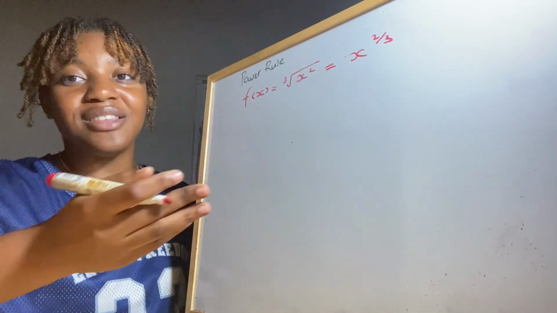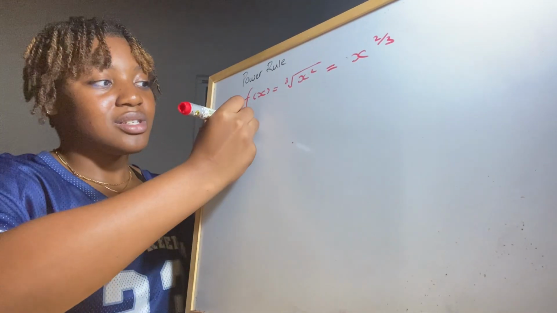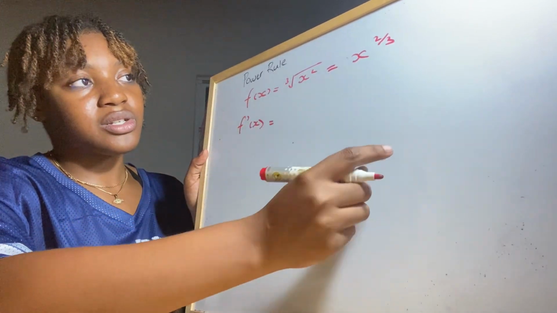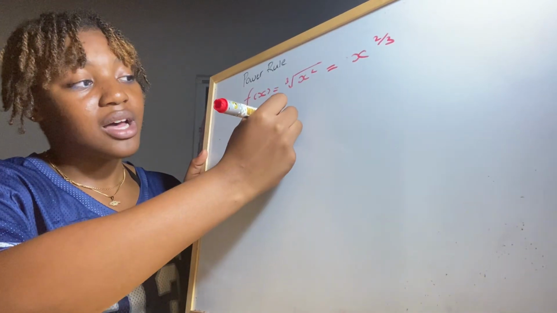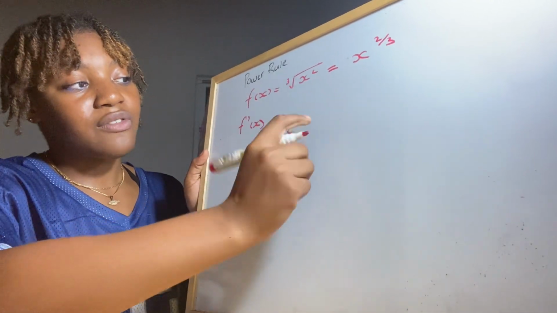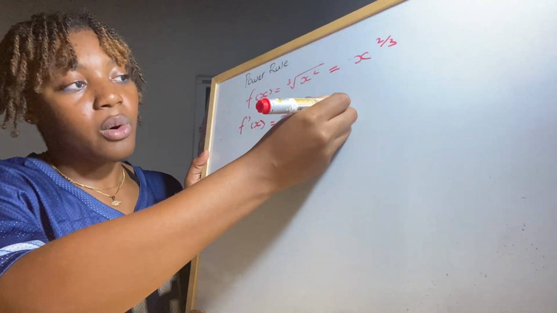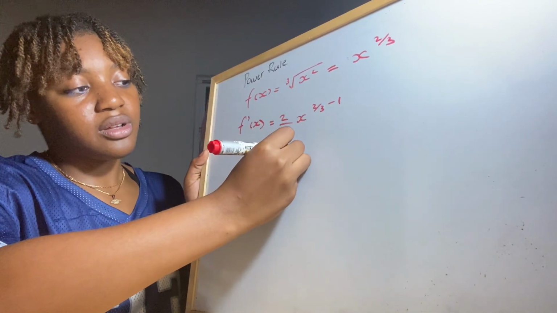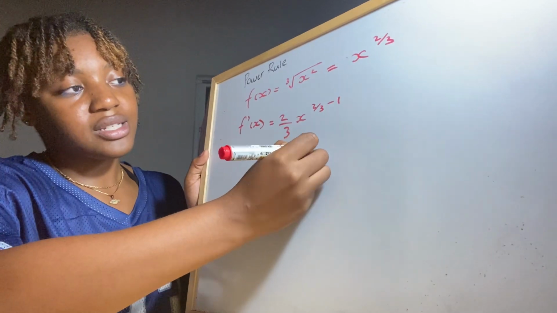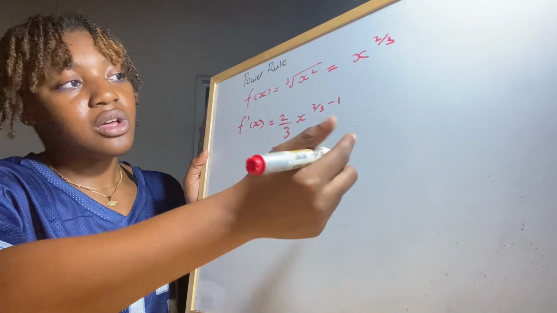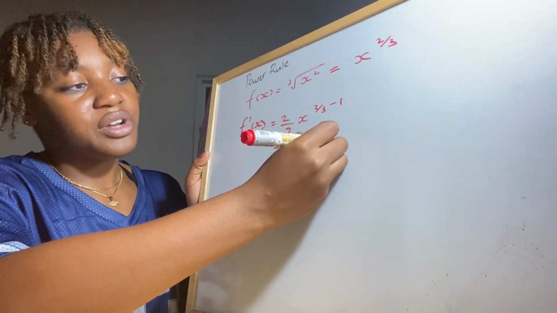From here, we can then apply the power rule. So we have f prime of x is equal to, we'll copy and paste the power to be a coefficient of x. So we'll have 2 over 3x, and then we subtract 1 from the power. The 2 over 3 minus 1 would give us minus 1/3.